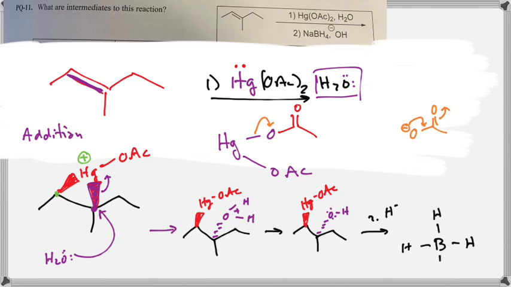If we look at the structure for our borohydride, we might say, well, isn't the boron negative? Yes. The boron is formally negative. But is the boron a nucleophile? To be a nucleophile, what does it need to have? Electrons. Does the boron own any electrons? No. There's no lone pairs.